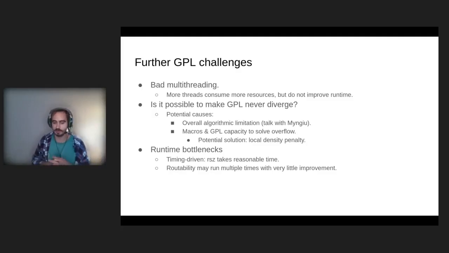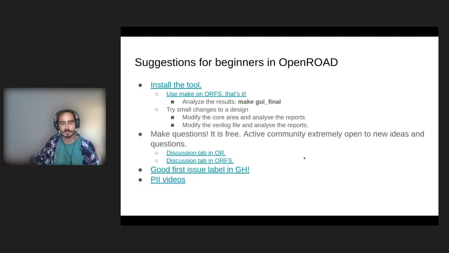I noticed that if we increase the number of threads, we get no improvement in runtime, and we use a lot more resources. So this is a limitation. Can we make divergences never happen? It's still an open question. Runtime bottlenecks: the timing driven mode is really costly, and routability mode sometimes does a lot of reverts with very little improvement. Just to mention some limitations.